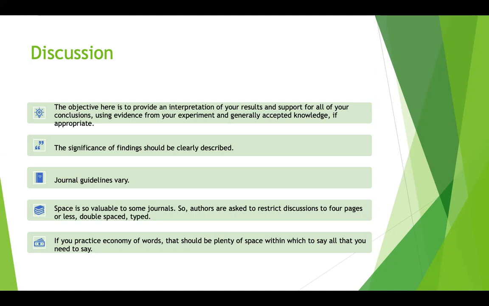General guidance varies in discussion. Space is so valuable to some journals that authors are asked to restrict discussions to 4 pages or less, double space type. If you practice economy of words, there should be plenty of space to say all that you need to say.